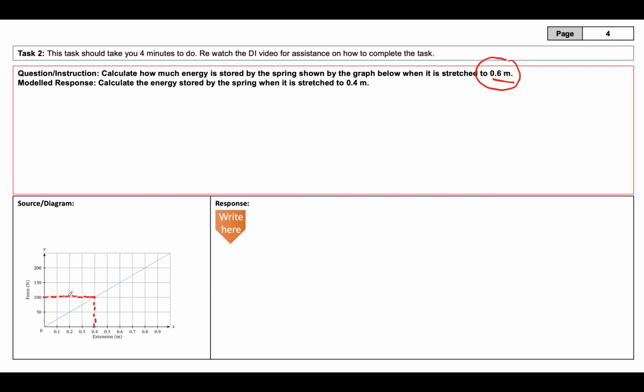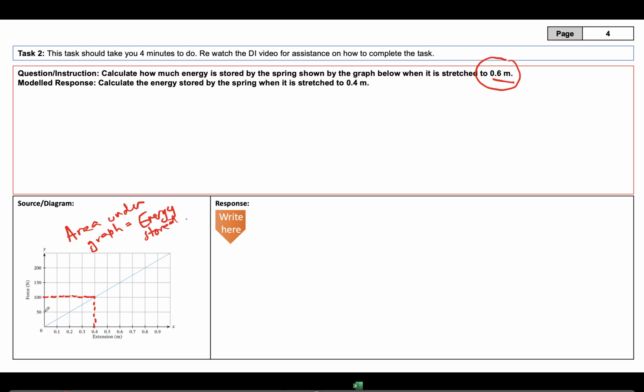If we have a force extension graph, the area under the graph equals energy stored. So all I have to do here is extension times force divided by 2.